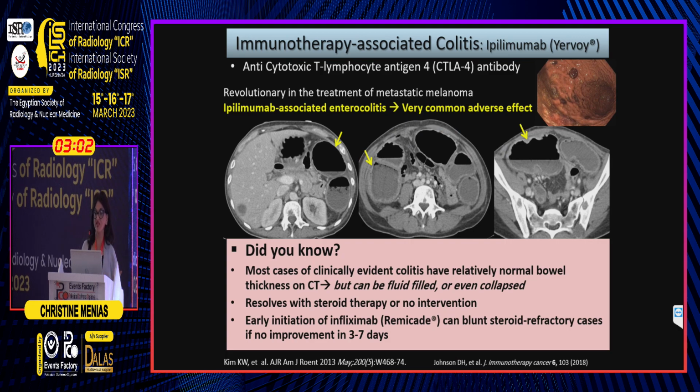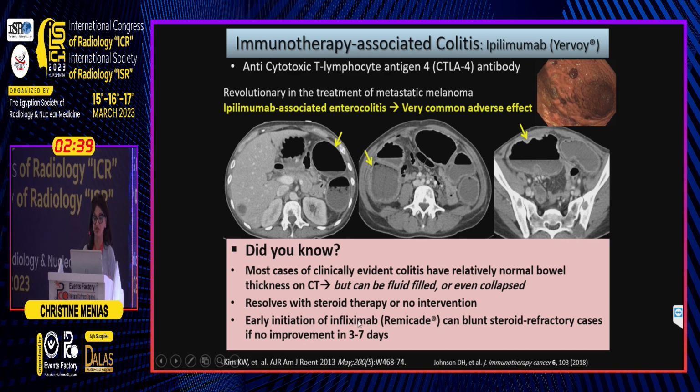So we see patients who come in with diarrhea, the colon is fluid-filled. Almost all of the immunotherapies cause diarrhea, immunotherapy-associated colitis. These patients are taken to endoscopy. They grade them by colonoscopy. Again, they're typically given steroid therapy.